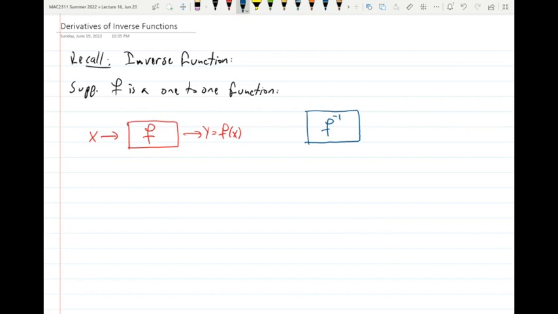Okay, this is the notation that we use. Now, this doesn't mean 1 over f. This is the notation for f inverse, the inverse function. And the job of this blue function, you can call it another name, g or whatever, is to take this output. When this output becomes the input, it gives you back this guy. Okay, it recovers the original input.